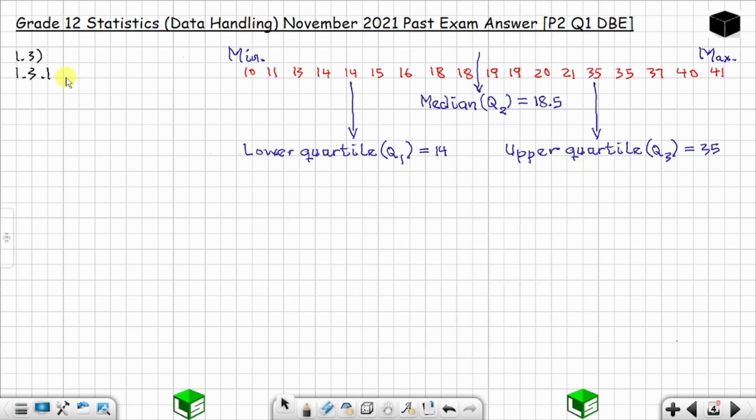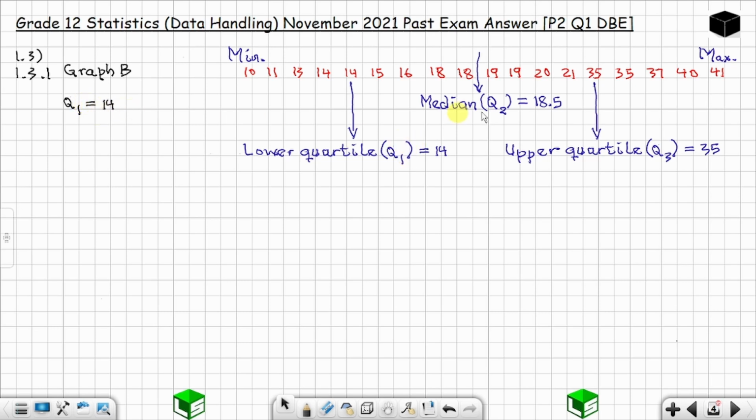Okay, so which of the box and whisker diagrams is the correct one? It's graph B. Okay, and the question was also saying give a reason for your answer. You can say the median is equal to 18.5. This is one reason. Or you can say Q1 is equal to 14. Or you can say Q3 is equal to 35. Any of the reasons will work. So you can say Q1 is equal to 14.